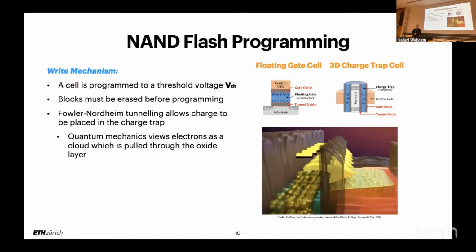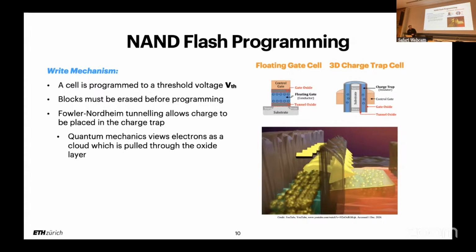Now, the specific way in which we do this is we use Fowler-Nordheim tunneling, where basically we view electrons as a probabilistic cloud with a non-zero probability of an electron appearing within it. So as you can see here, this is the substrate, and this would be the charge trap, or for the 2D design, this would be the floating gate.